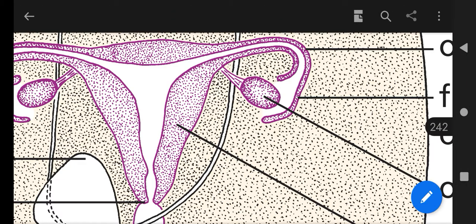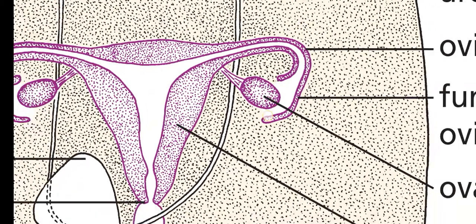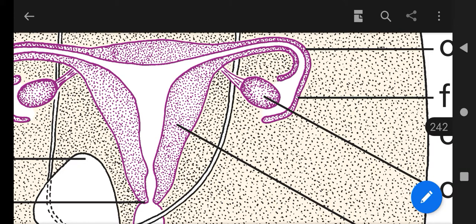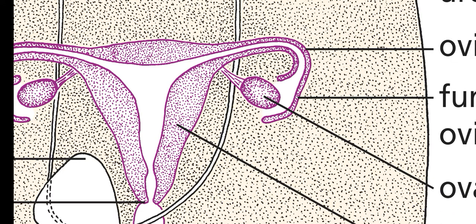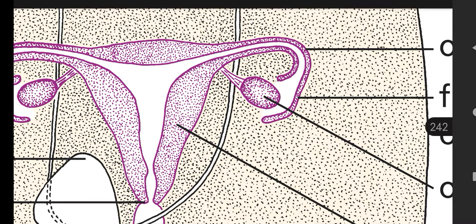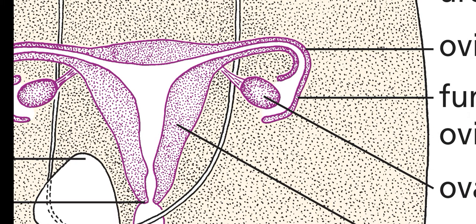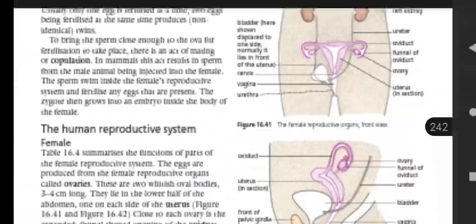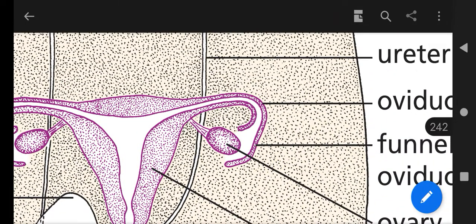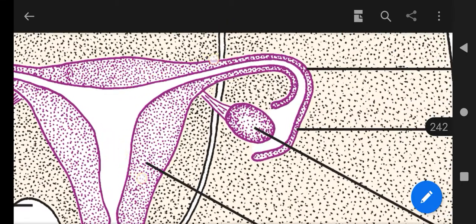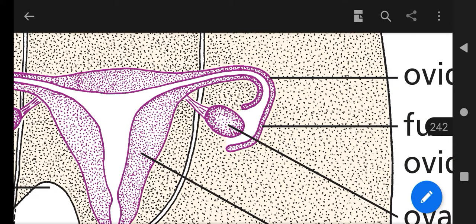The proximal part of the fallopian tube is called the ampulla, and here fertilization takes place. The egg moves up from the ovary, and the sperms move, and at that point fertilization takes place. After that it moves from the proximal part to the uterine part, the upper part of the uterus, where the implantation of the fetus takes place.